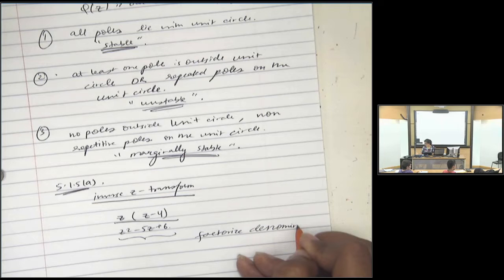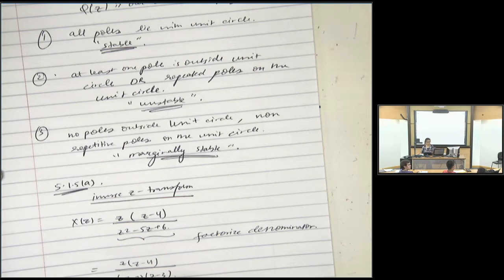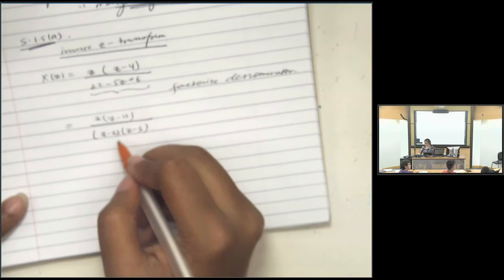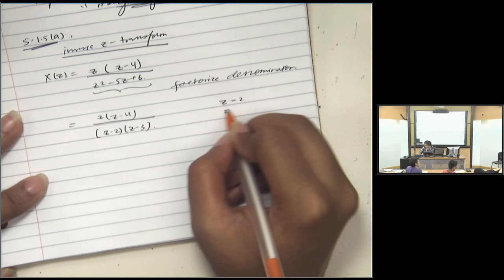What does it factorize to? Let me call this X of Z. Z minus 2, Z minus 3. Another thing that I've noticed a lot: when you solve this, you'll get Z equals 2 and Z equals 3.